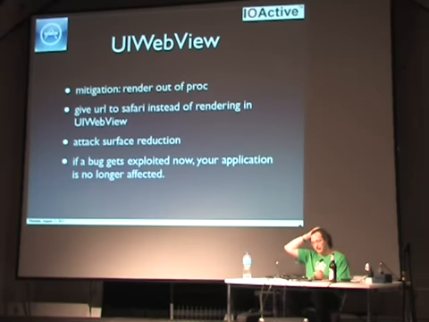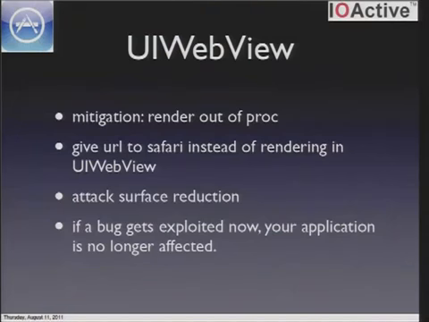I don't know of any way to turn it off. The only mitigation I know is to not use UIWebView, and to say, listen, if you want to do a web browser, we're not going to use UIWebView, we're just going to call out to Mobile Safari. And if someone's got a bug for a Word file, let them exploit Mobile Safari and not my app. It's not really a good fix, but it's the best I can come up with.